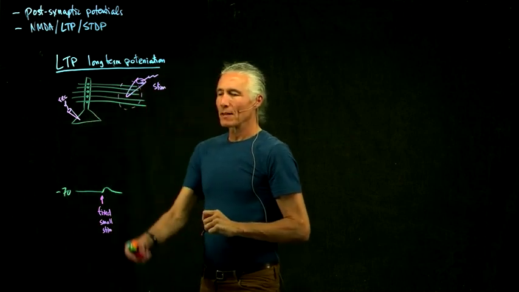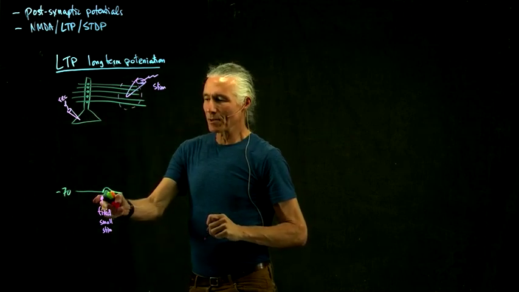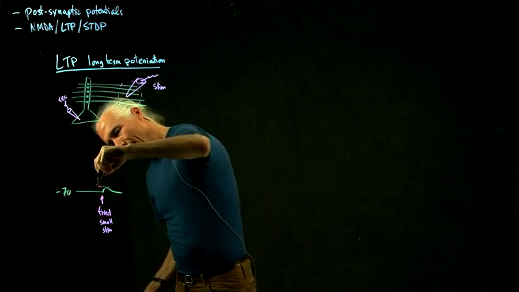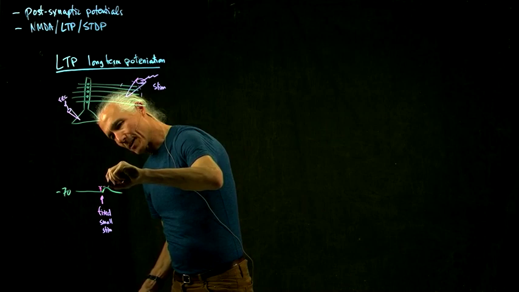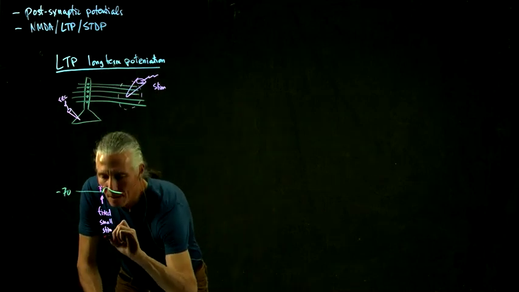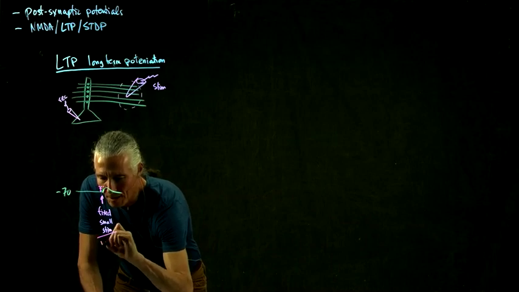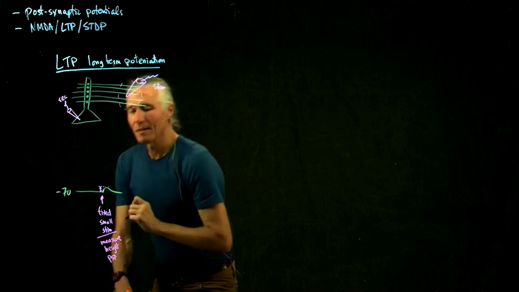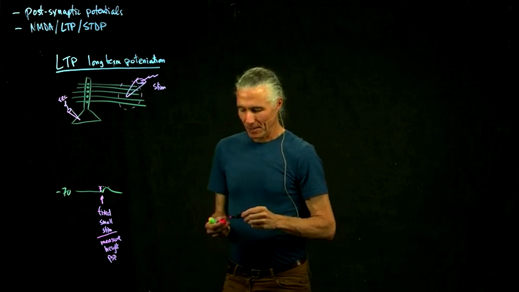And then we can do it a bunch of times and measure what the amplitude is. And so we get a certain amplitude. Here's the amplitude of that postsynaptic potential. So fixed small stim, measure the height of the PSP, the postsynaptic potential.